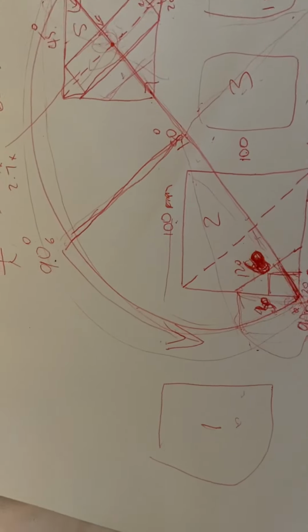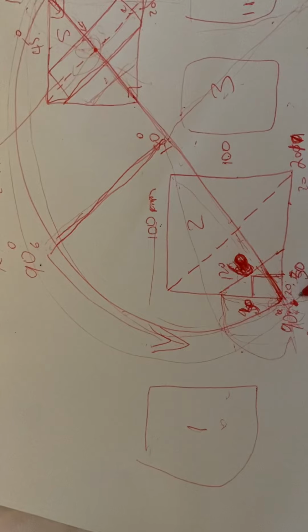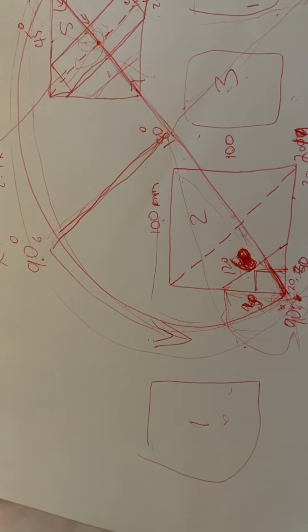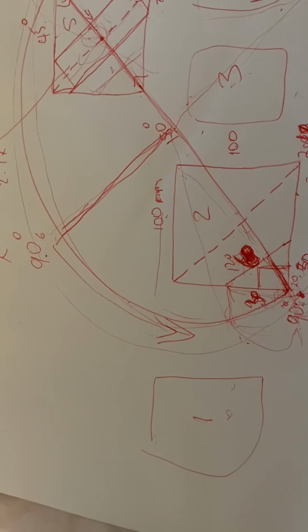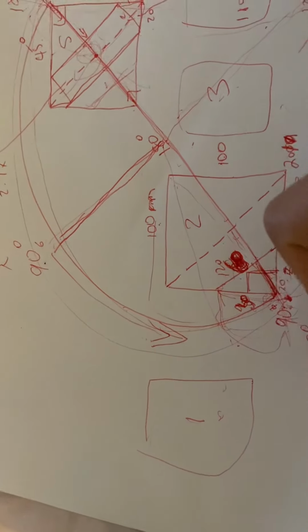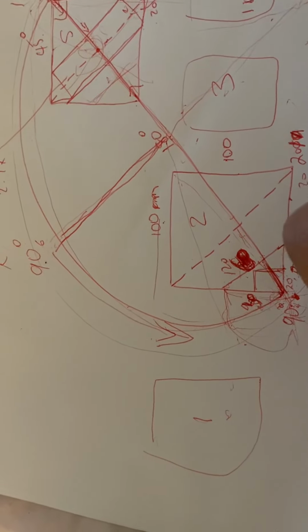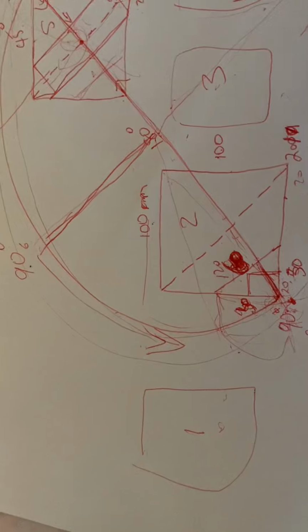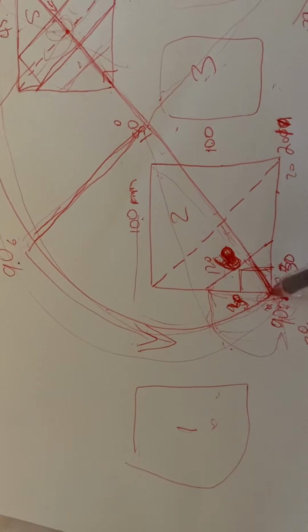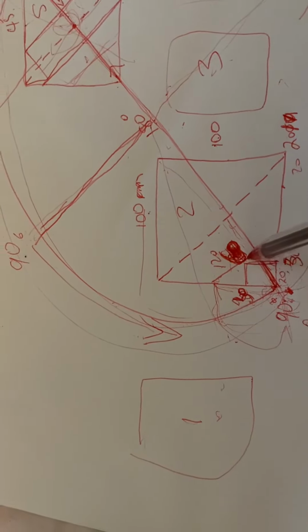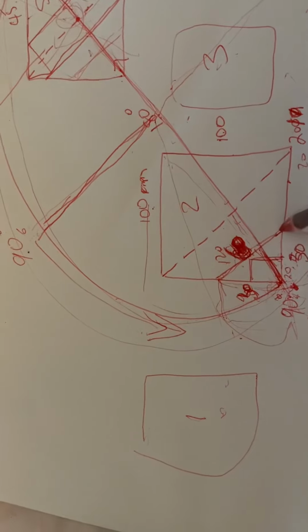Now, I stayed here. I moved back towards here. So I'll do that. Just do a circle. And this corner of the tarp flipped up to this linear line.